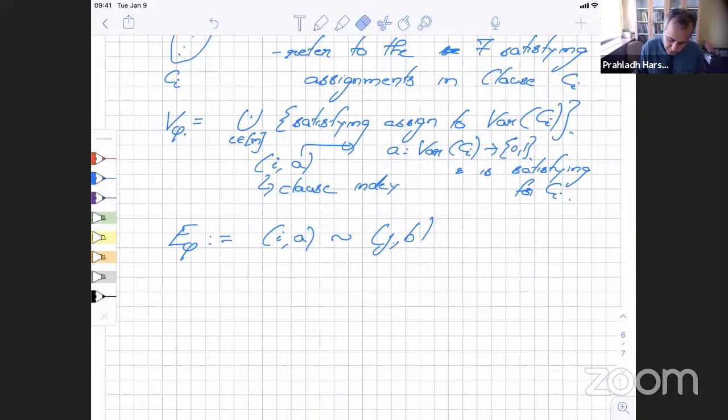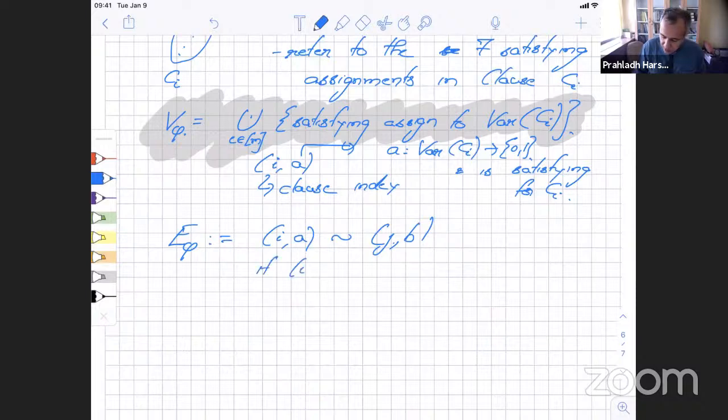So what is the definition I'm going to use? If (i, A) and (j, B) refer to inconsistent assignments.